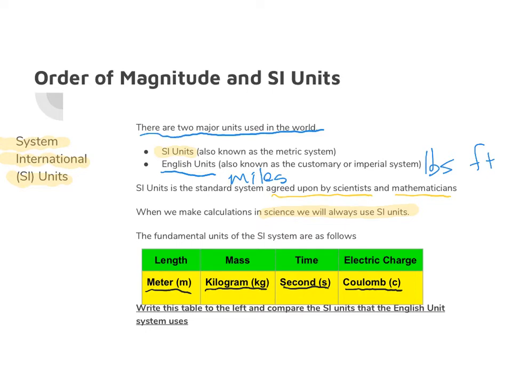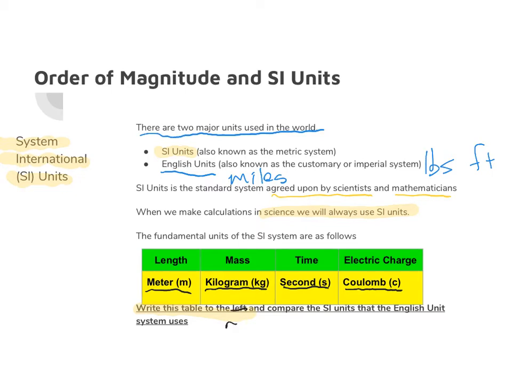So go ahead and, on the right side of your notebook, as it instructs you to, write this table out and compare. It says left, but it should say right.